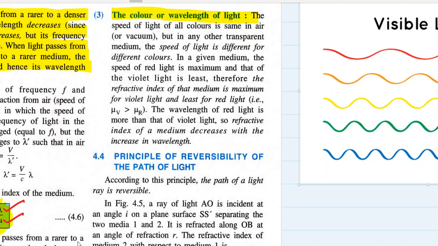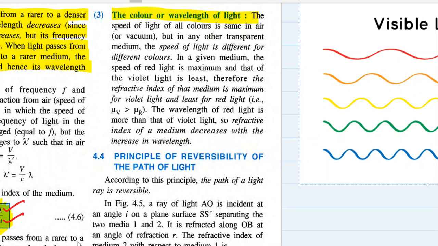So all the colors travel with the same speed in air or vacuum. But if they enter air or water or glass, then for every color the speed of light is different in that particular medium. The speed of light is maximum for red color and minimum for blue color.